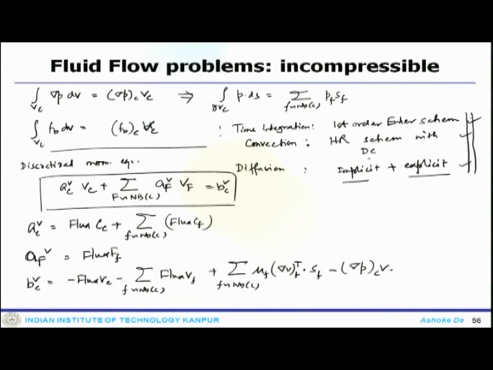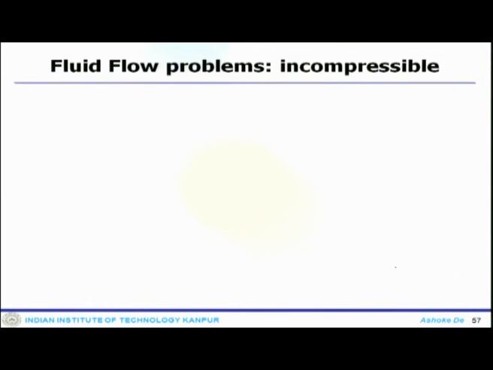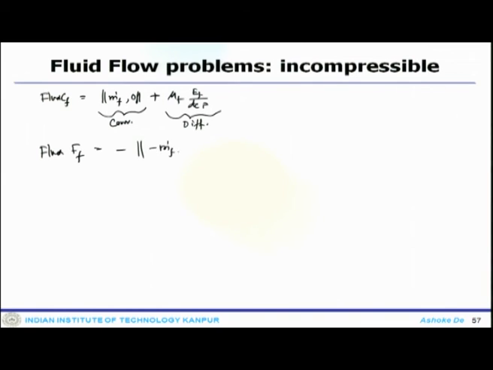minus del P_C times the volume V_C, where you can have terms like flux_Cf equals m dot f zero plus mu f Sf by d_CF, which is the convection contribution, and this is your diffusion contribution, and flux_Ff equals minus m dot f zero minus mu f by d_CF.